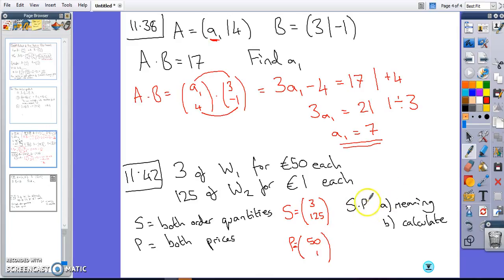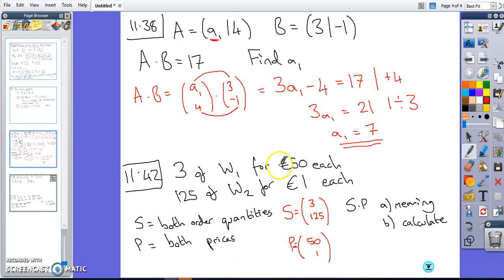Now, first of all, it asks us for the meaning of the dot product of S and P. And this is an interesting higher order thinking question. We're taking both the quantities and multiplying them by both the prices individually and adding that together. So what do we get?